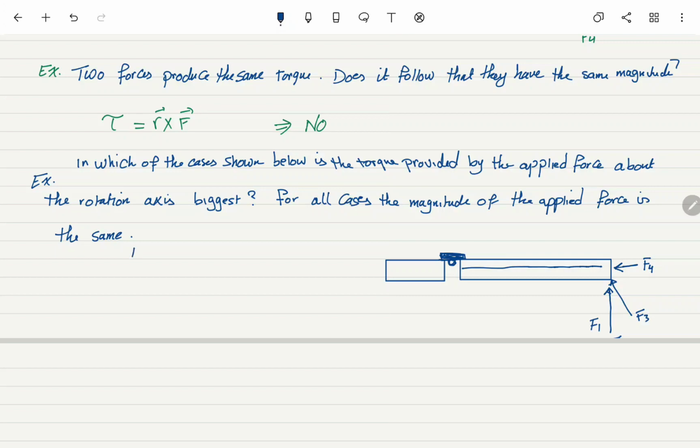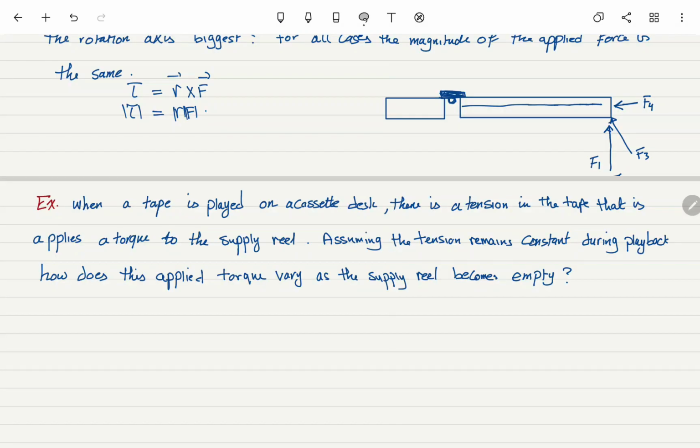Torque equals R cross F, and the angle between F1 and the distance R is 90 degrees, and sine 90 equals 1. The torque will be maximum, which equals R F in magnitude. So to answer this one, F1 will get the maximum torque.